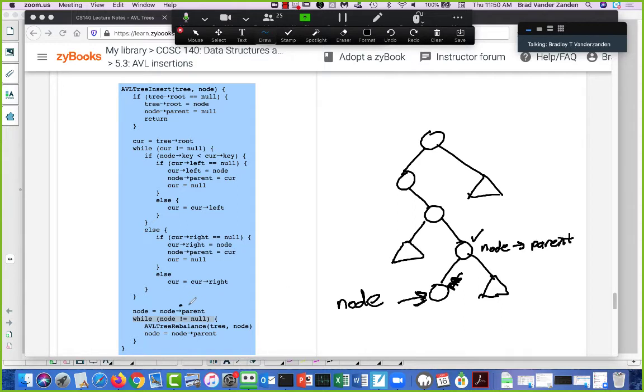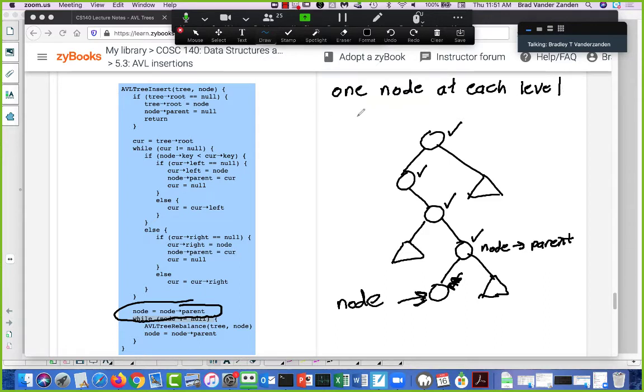That's what we're doing right here, starting at node's parent, and we're going to look only at the nodes on the path from the newly inserted node to its parent. And you can see we're doing one node at each level. One node at each level. And since the tree is balanced, that means we're only going to look at order log n nodes for rebalancing.